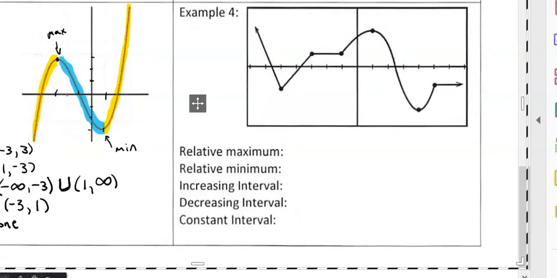But here, there's a relative maximum, and we would say that's at point 1, and it goes up to, we'll say 3. So the relative maximum is at the point 1, 3, and the relative minimum, we have one here, and here.